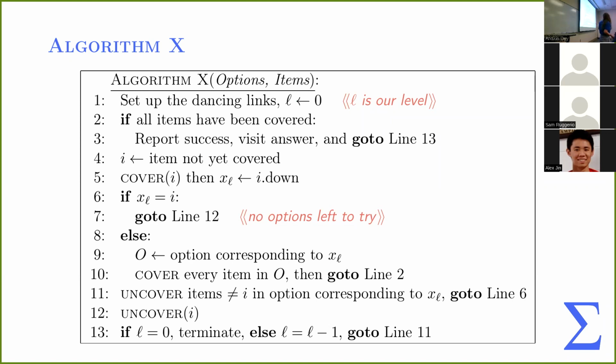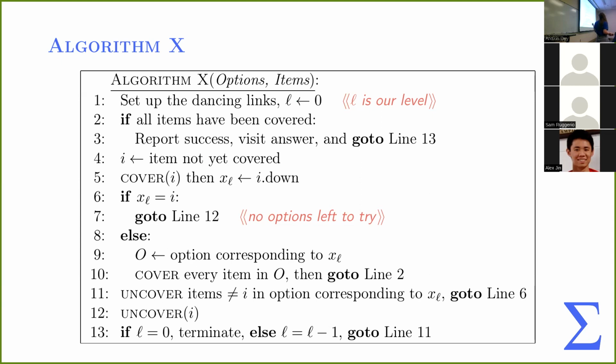First of all, if XL equals I, then that means that the linked list is now empty, and we can't select any options here, so we need to backtrack. We're going to have to uncover I and step back through the recursion.